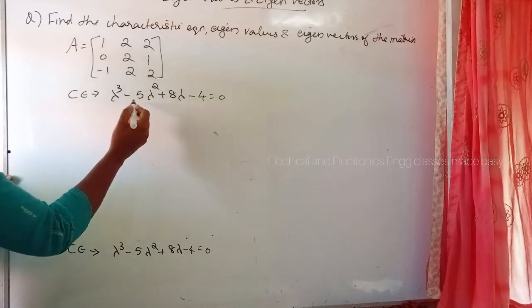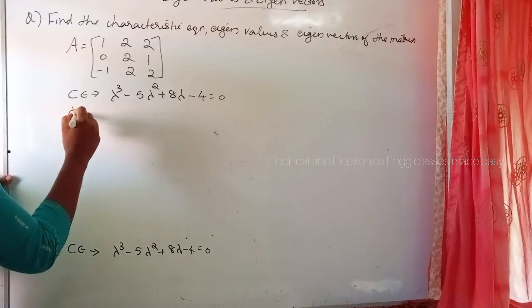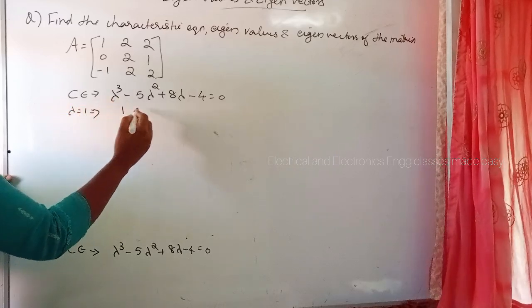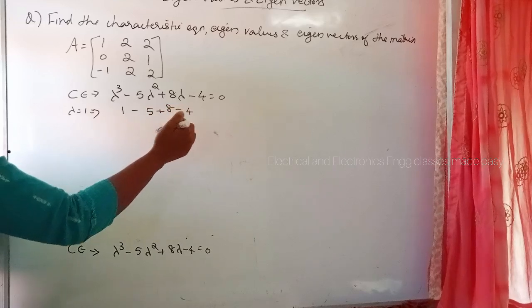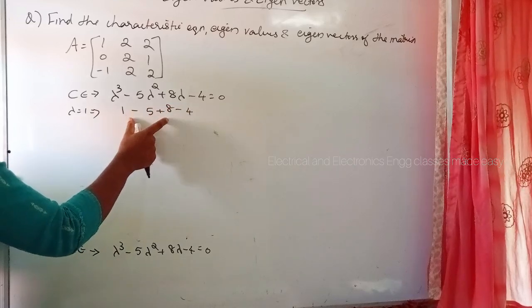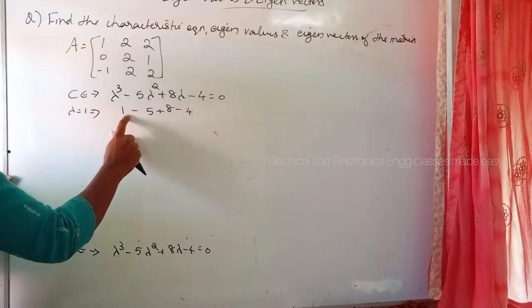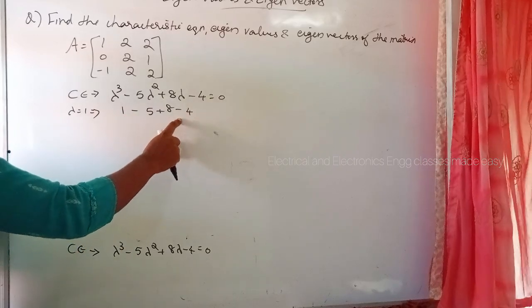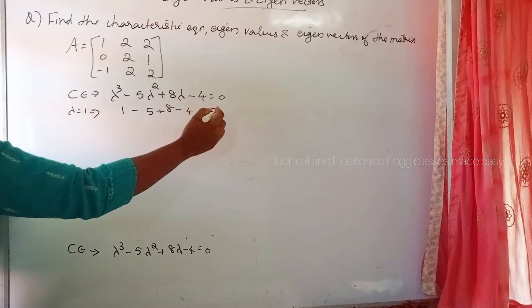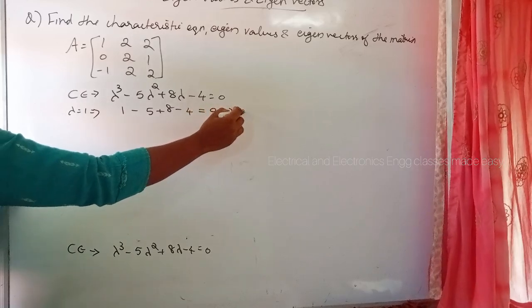So let us first put the value 1 here. It will be 1 minus 5 plus 8 minus 4. So check whether this satisfies the equation. 1 minus 5 is minus 4, minus 4 is minus 8, plus 8 is equal to 0. So this satisfies.